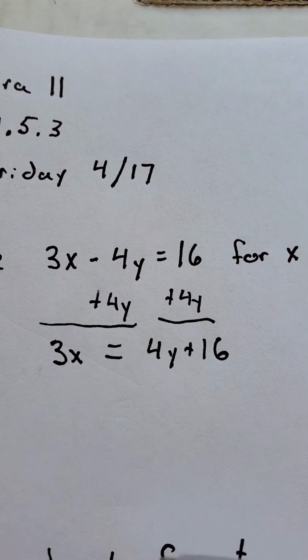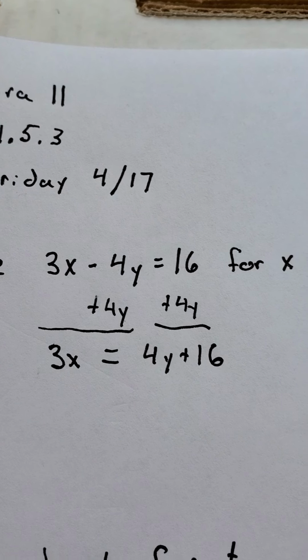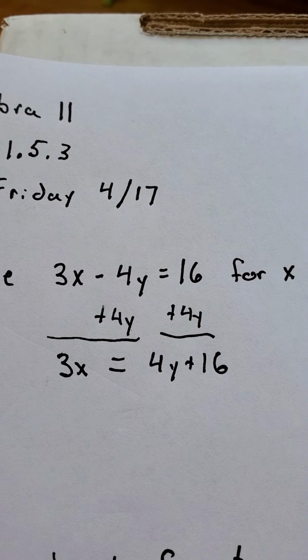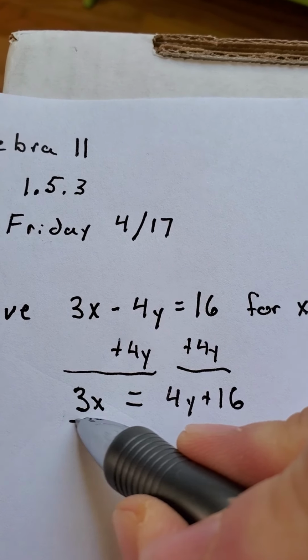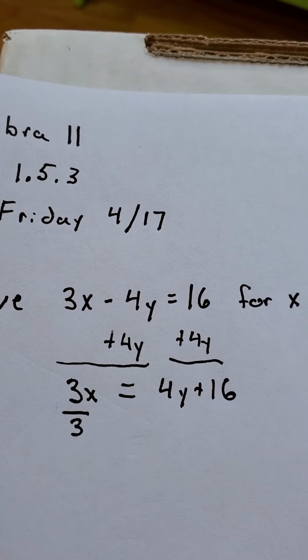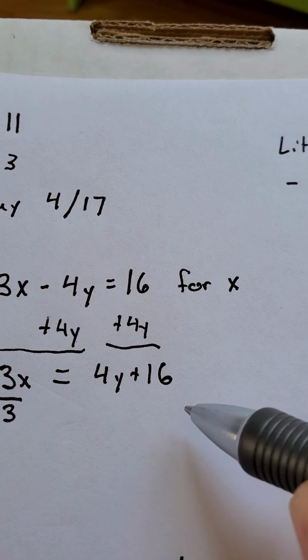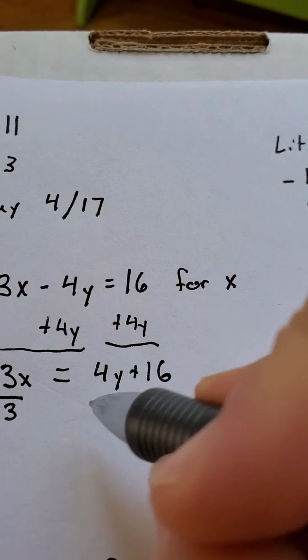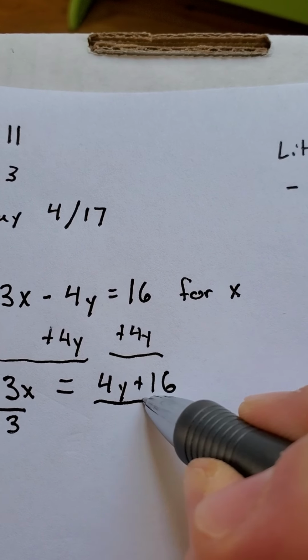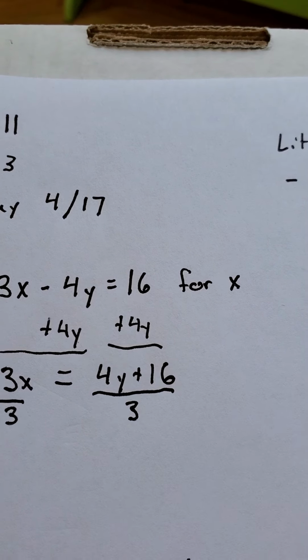So since the 3 is multiplying the x, we do the opposite operation. We're going to divide by 3, and we have to do that to both sides of the equation. So we're going to divide by 3 here on the x. And now whenever you divide by 3 on the right side, we're dividing the entire side of the equation by 3. So the entire side gets divided by 3.